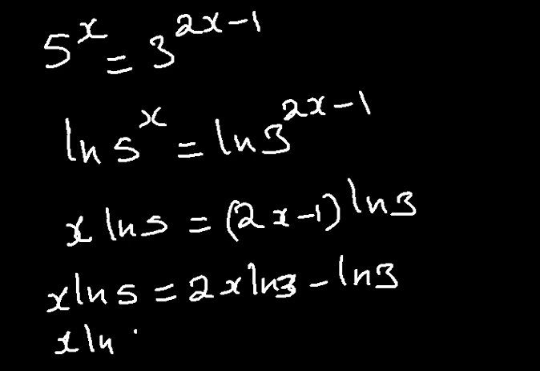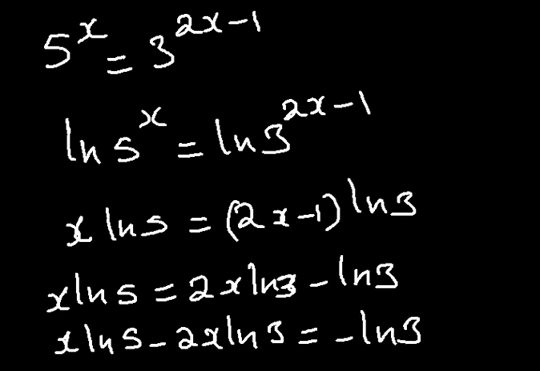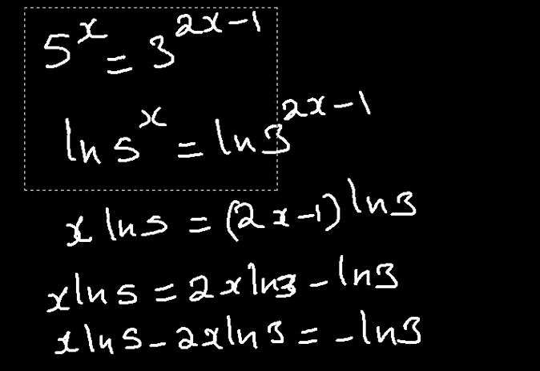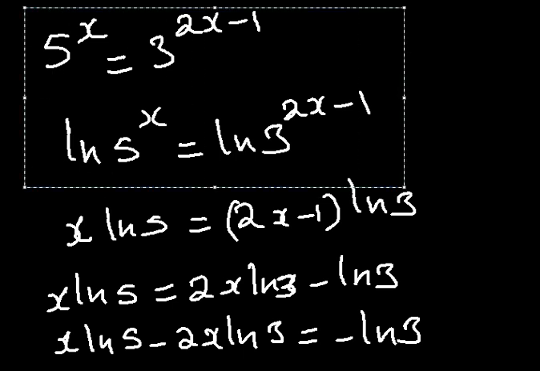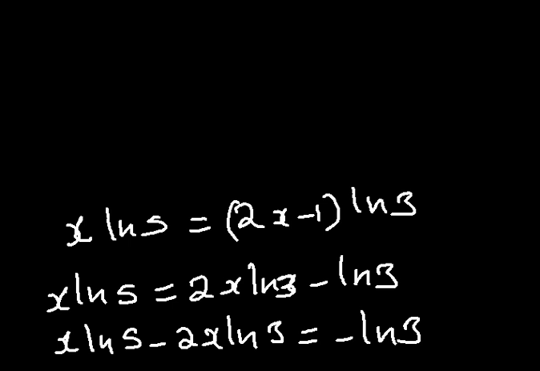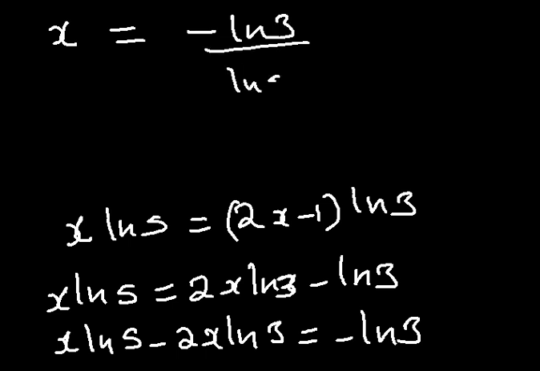We'll have x ln 5 minus 2x ln 3 equal to negative ln 3. Then I'll factor out x, and that will give x equal to negative ln 3 divided by ln 5 minus 2 ln 3. So that is the solution of that.